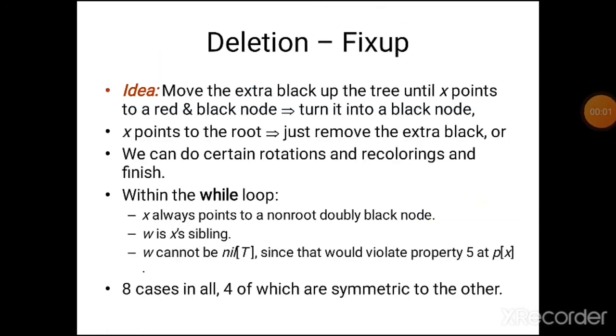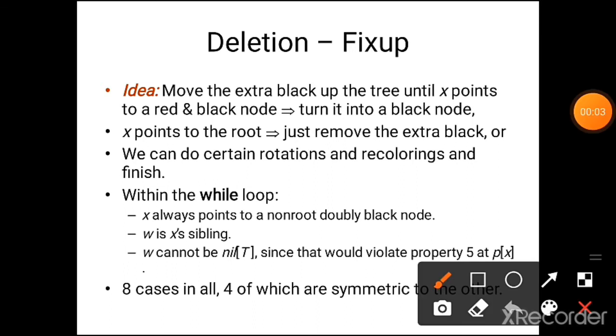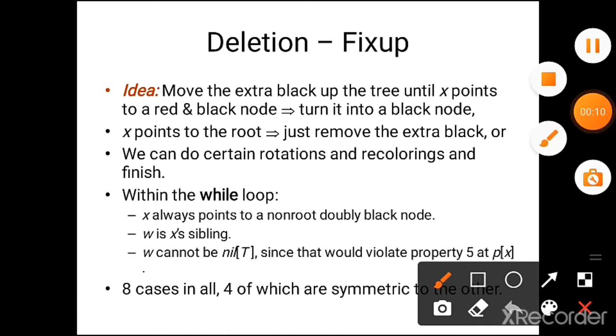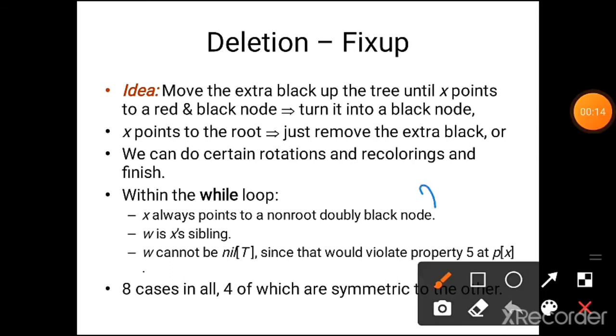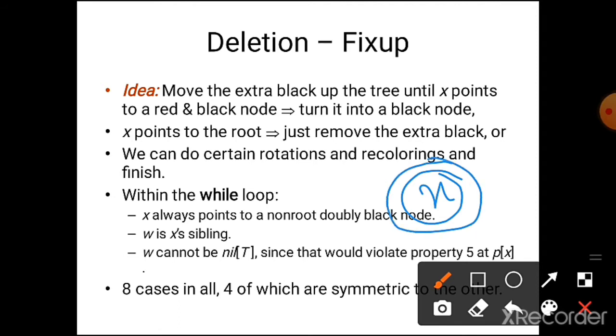Suppose we need to remove the extra black node. Suppose x is the node, consider the node x here. This x node always points to a non-root node, and it is a doubly black node. When we denote x in the tree, x indicates a doubly black node.